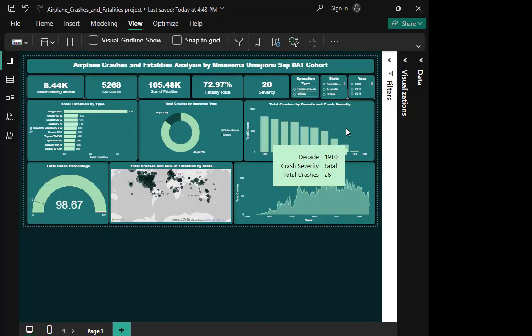This downtrend suggests that advancements in aviation technology, safety regulations, and pilot training have significantly reduced crash occurrences over time.